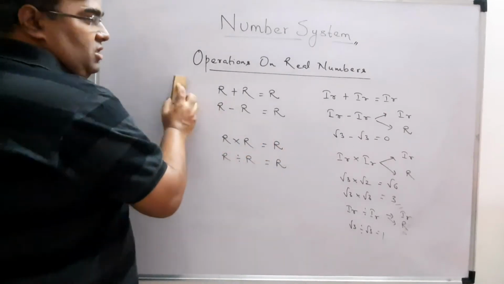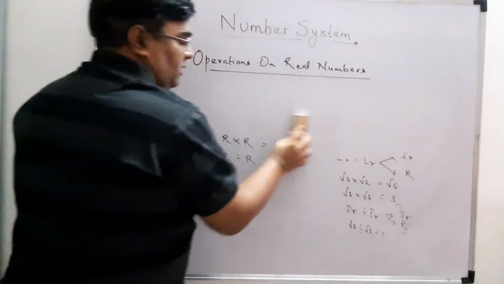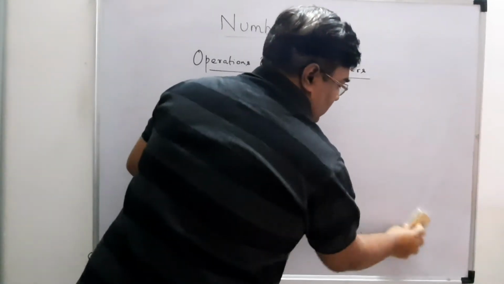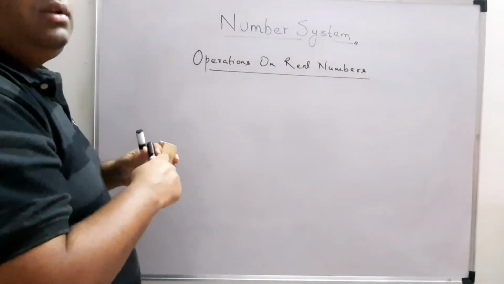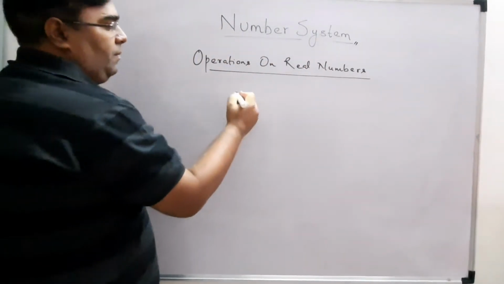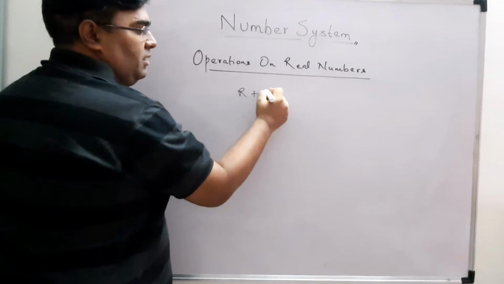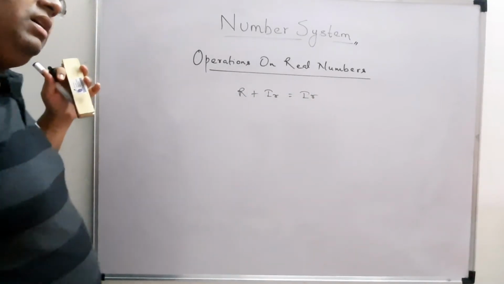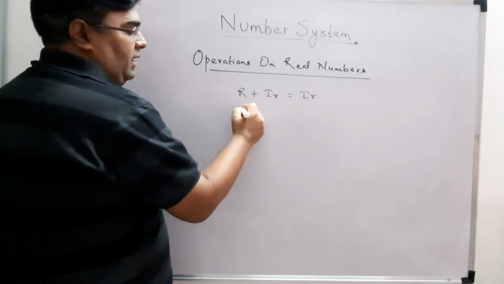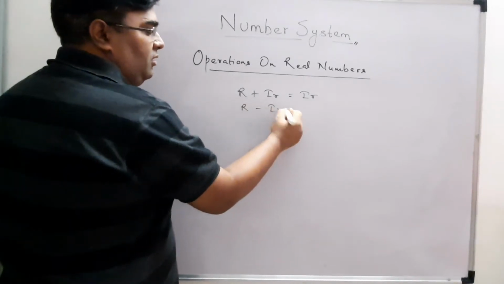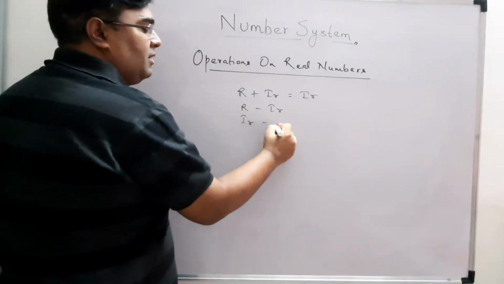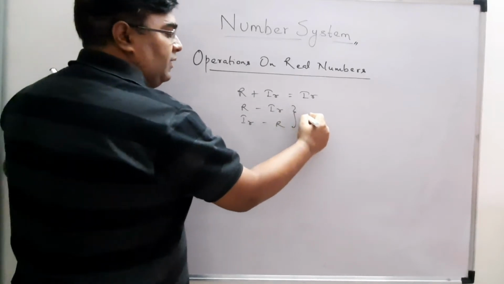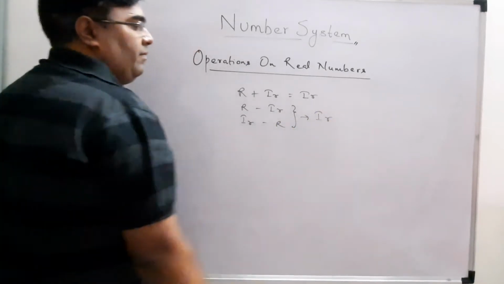What if we do multiplication, addition, subtraction on rational and irrational numbers? So rational plus irrational, you will always get irrational. Rational minus irrational or irrational minus rational, both give you irrational.